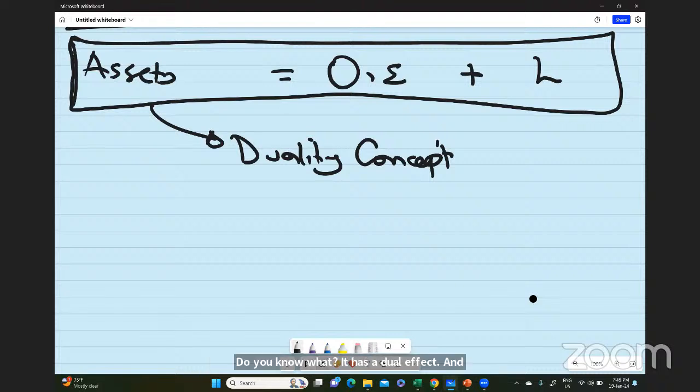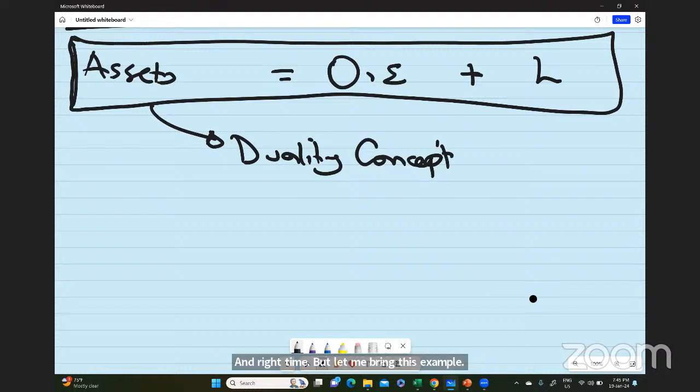One effect is that we are starting a business with capital. That capital is equity. And then that capital is coming in form of cash, which is an asset. It is a resource. Now, that particular transaction, its dual effect has affected both sides, left hand and right hand.